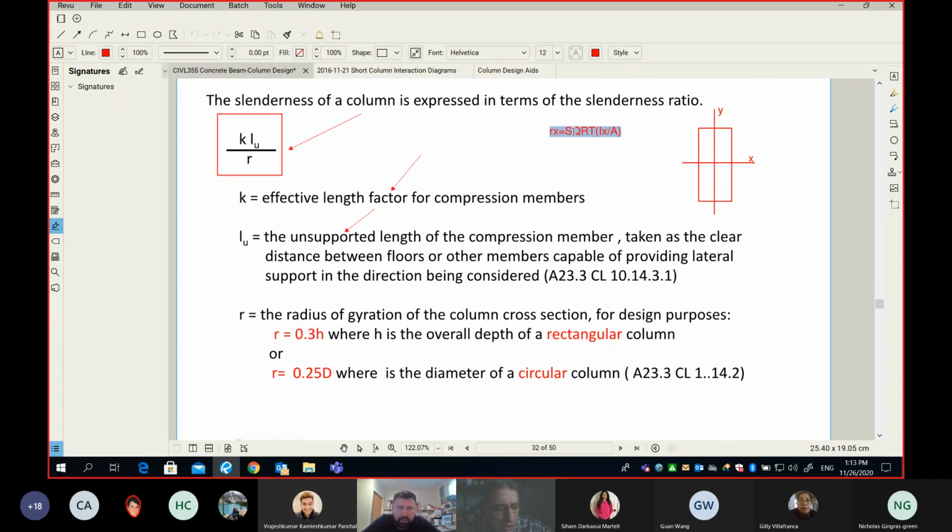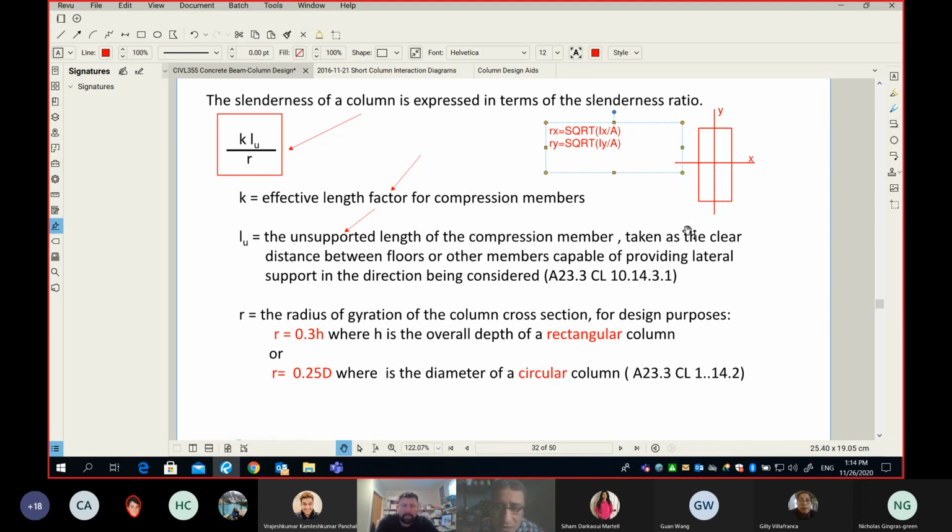And if you want to find ry, the radius of gyration in the Y direction is simply the moment of inertia about the Y axis divided by the area. This is how we do it in strength of material and steel. We do that only if the section is one material, whether wood, concrete, or steel, as long as the whole cross section is one material and it's uncracked, then I can find the radius of gyration from this equation.